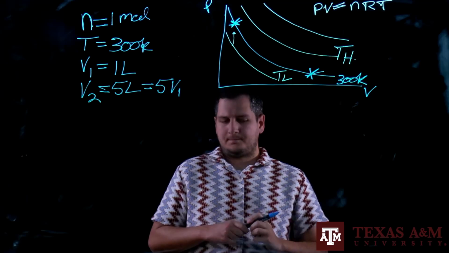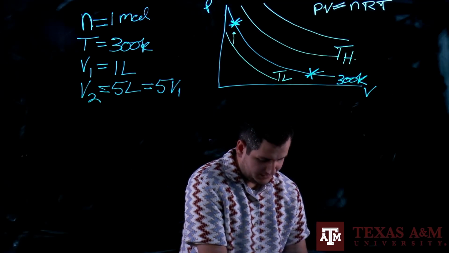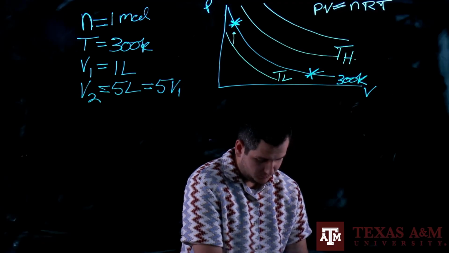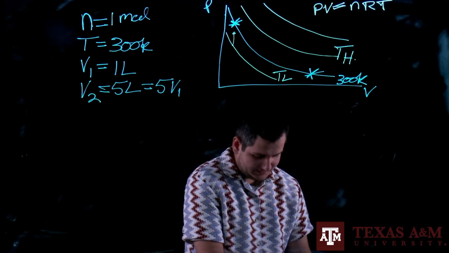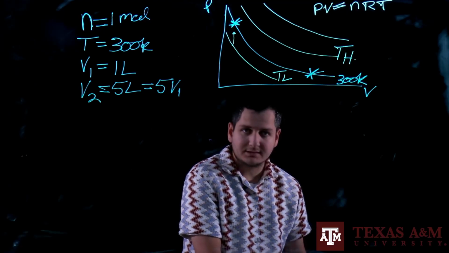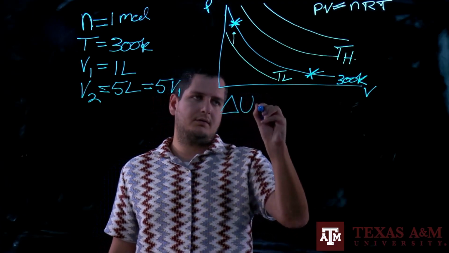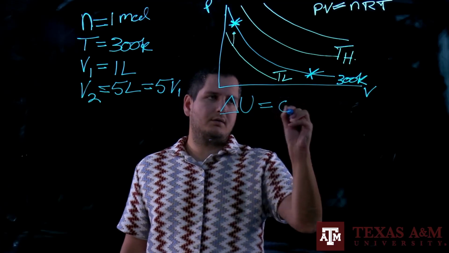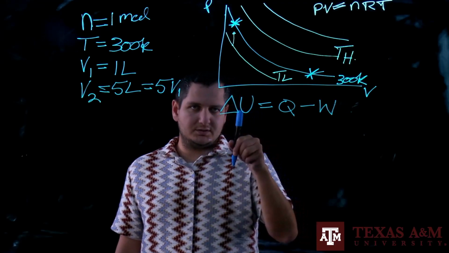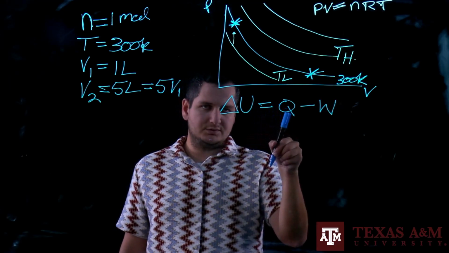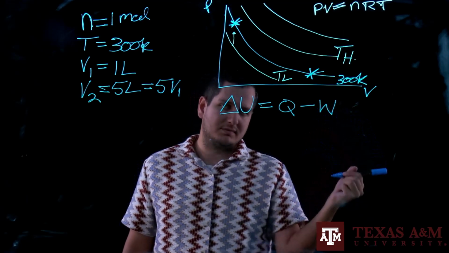And then what we can do, we're asked for the heat and the work terms. Heat added to the gas and then work done by the gas. So, right, change in internal energy is equal to any heat added to the system minus any work done by the system, okay?